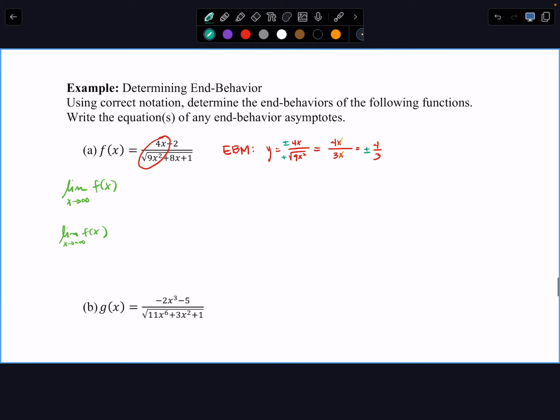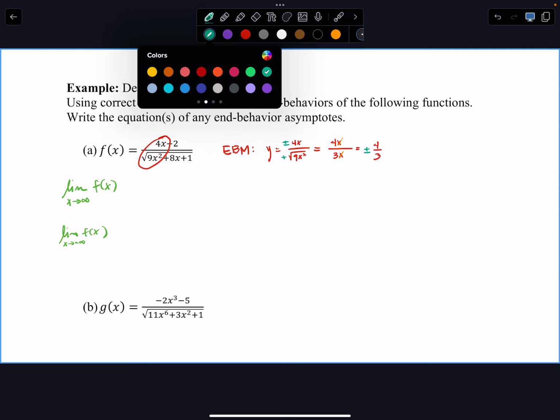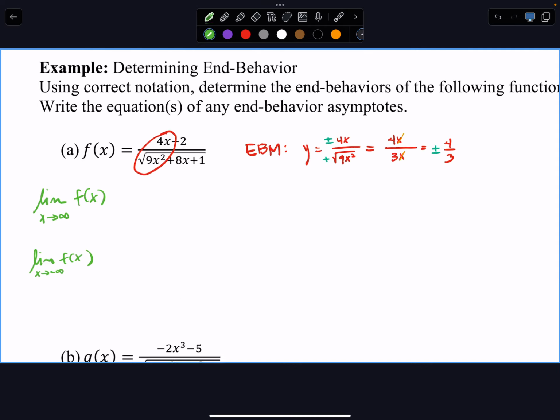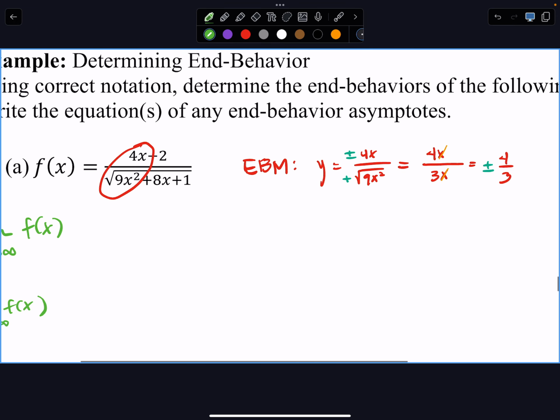So then we think, okay, as x approaches positive infinity, I think it's helpful to go back to your original EBM. The numerator would be positive. The denominator would be positive. Positive divided by a positive would be a positive.